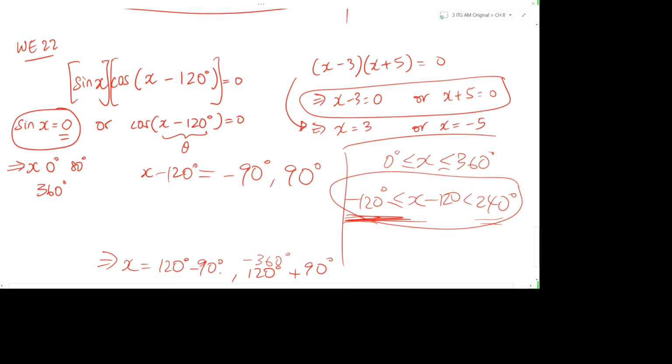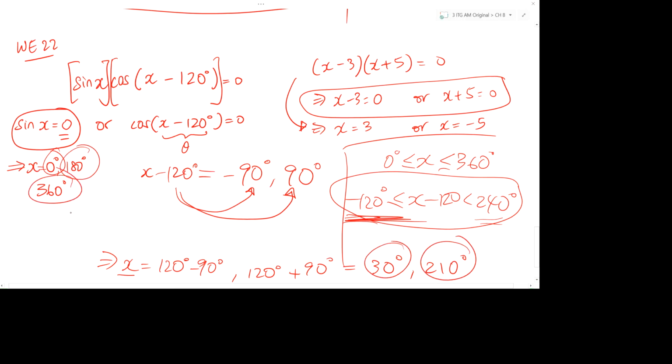So therefore, x is going to be plus 120 to this side, plus 120 to this side, and we get two more answers to be 30 and 210. So how many answers do we have altogether? 5. 0, 360, 180, 30, 210. 5 answers. 1, 2, 3, 4, 5.